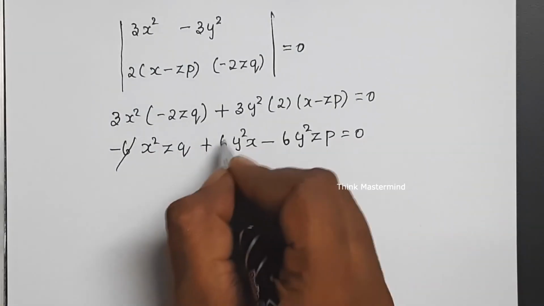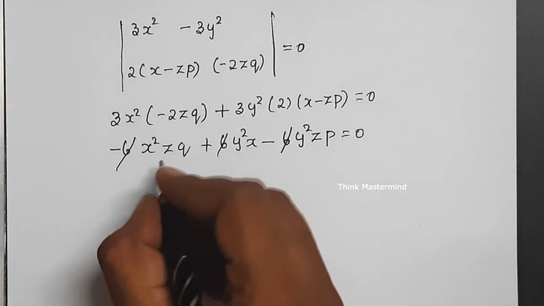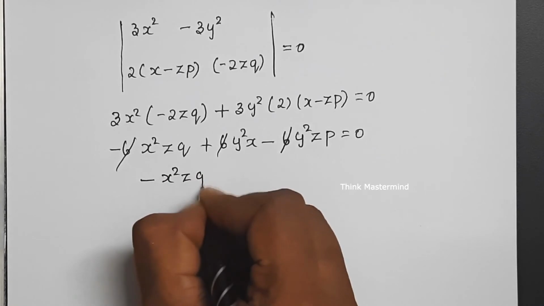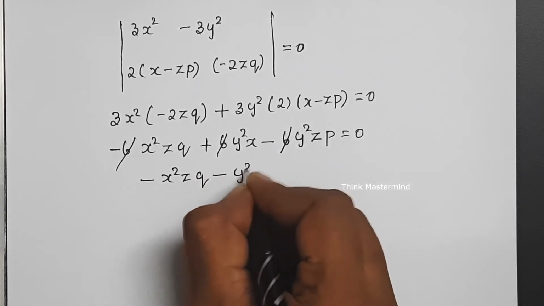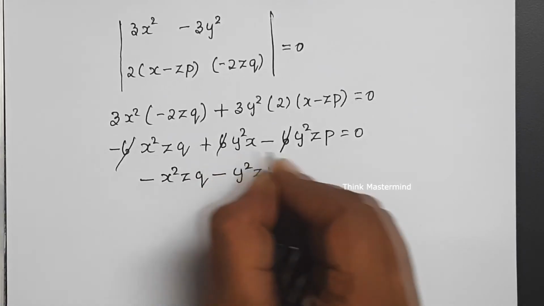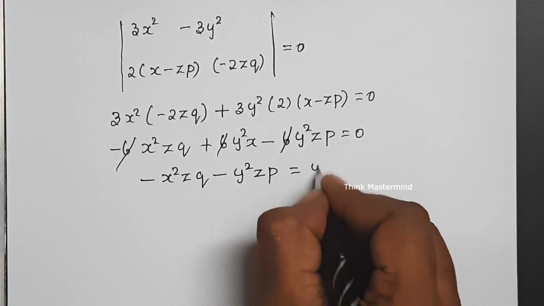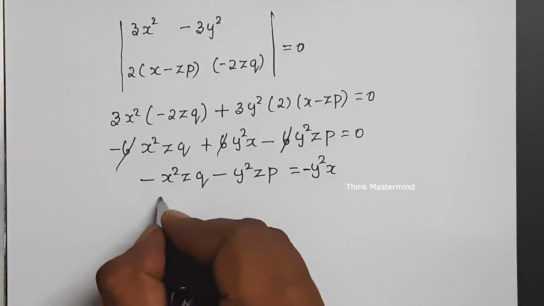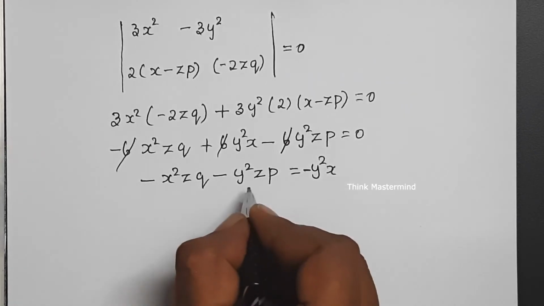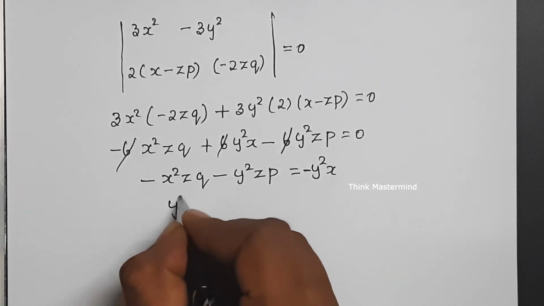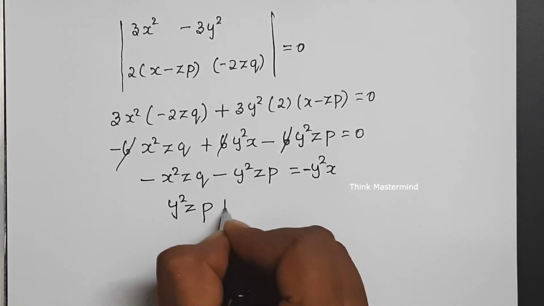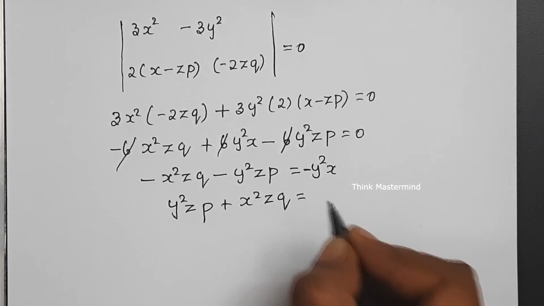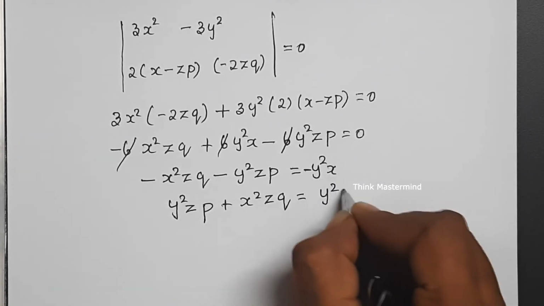So cancelling 6, taking the term to the other side and rearranging the terms, that is y squared zp plus x squared zq is equal to y square x.